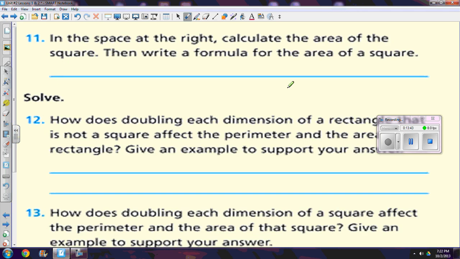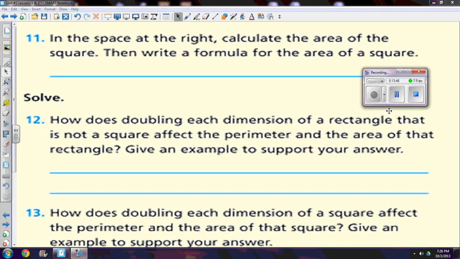All right, let's take a look at number 12 here. How does doubling each dimension of a rectangle that is not a square affect the perimeter and the area of that rectangle? Give an example to support your answer.